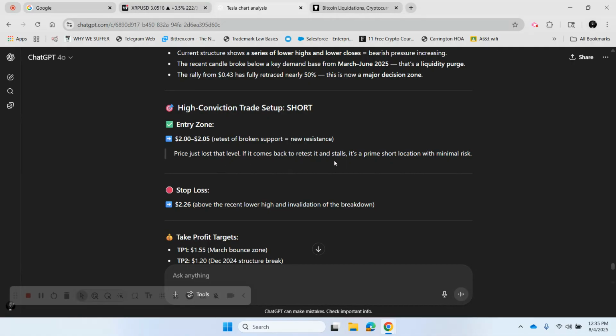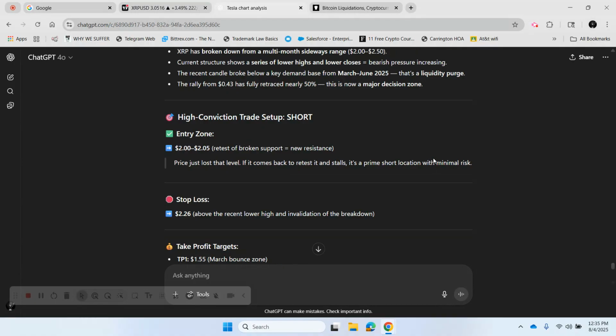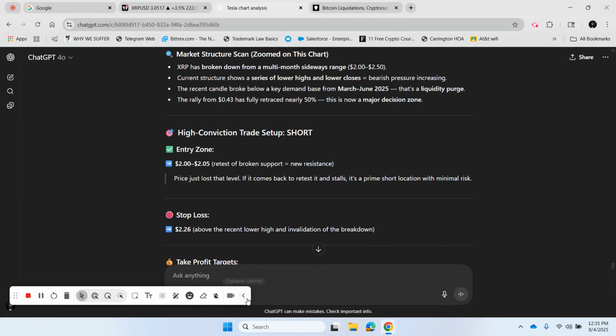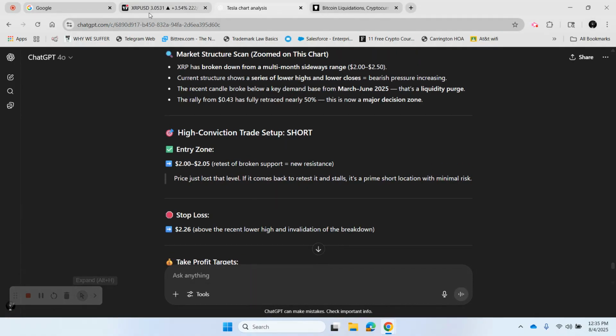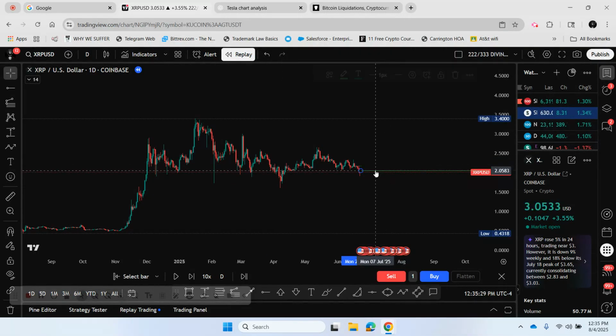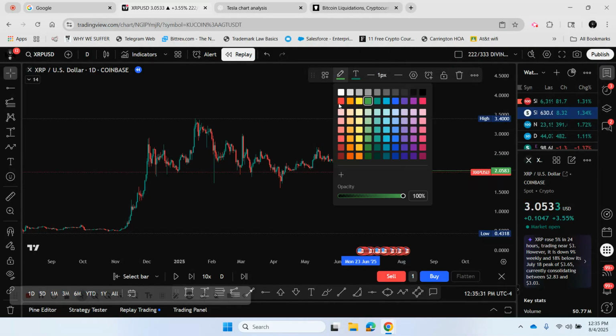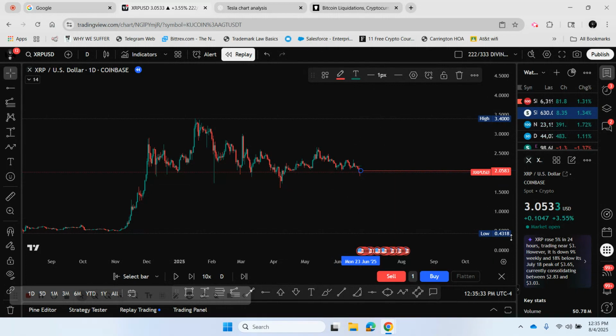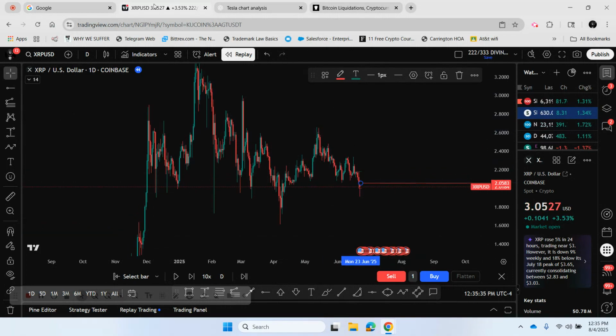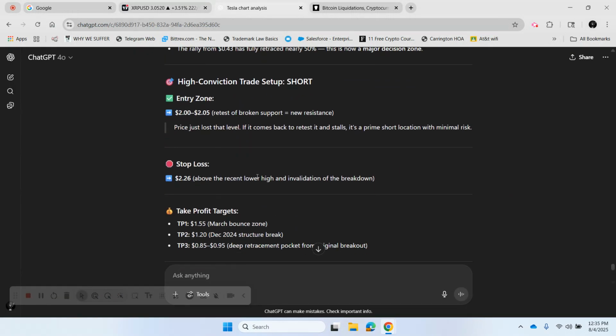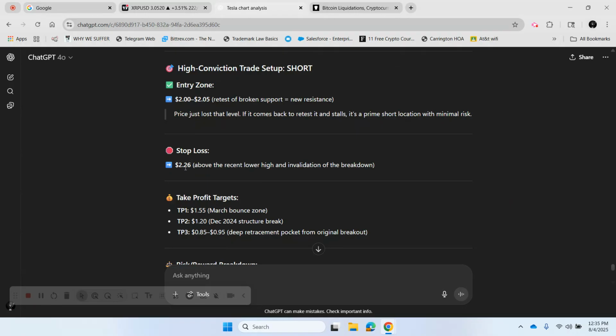If it comes back to retest it and stalls as a prime short location, and hold on, let me straighten. Oh, whoa, hold on. This is to go short. I gotta change this. Sorry. Take this back to red. So it is saying if the price comes back up into here, all right, we want to go short. Let's see something. All right, your stop loss is going to be 226.